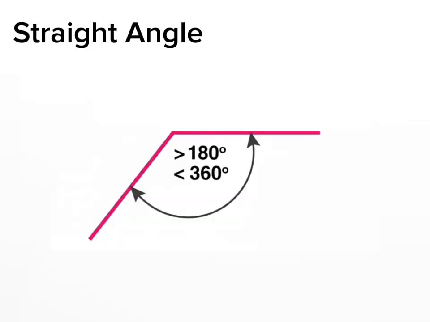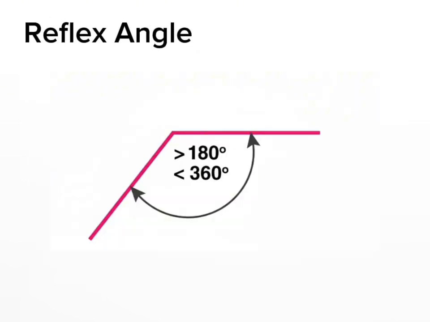So it's basically a simple line. Now, reflex angle. Reflex angle is more than 180 degrees and it can be any number less than 360 degrees. So greater than 180 degrees and less than 360 degrees is called a reflex angle.